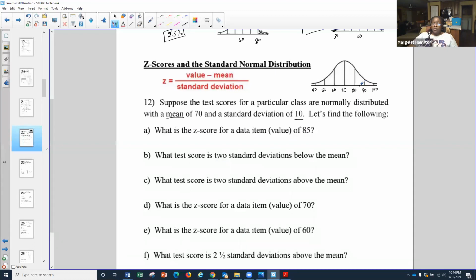Okay, so if this is 85 here, we now have to remember our z-score. Which z-score would this be? Remember, the z-scores are the numbers that represent these intervals going above or below the mean. So I'm going to put those in right underneath. Here are my z-scores.